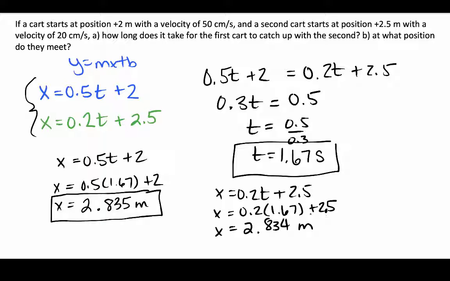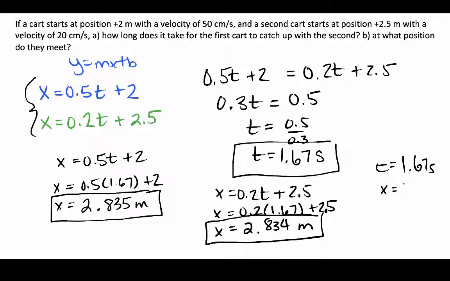So, same answer. The only difference there is rounding, but they both round to 2.8. So it's going to be a time of 1.67 seconds, and the position that they meet at is 2.8 meters from the origin.